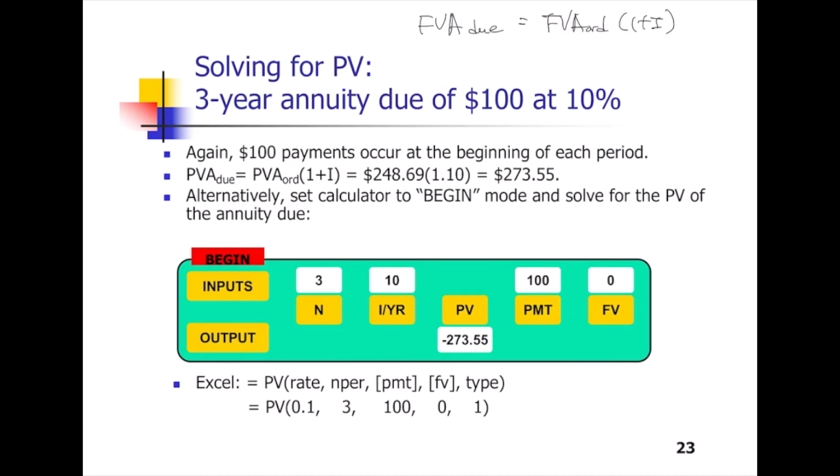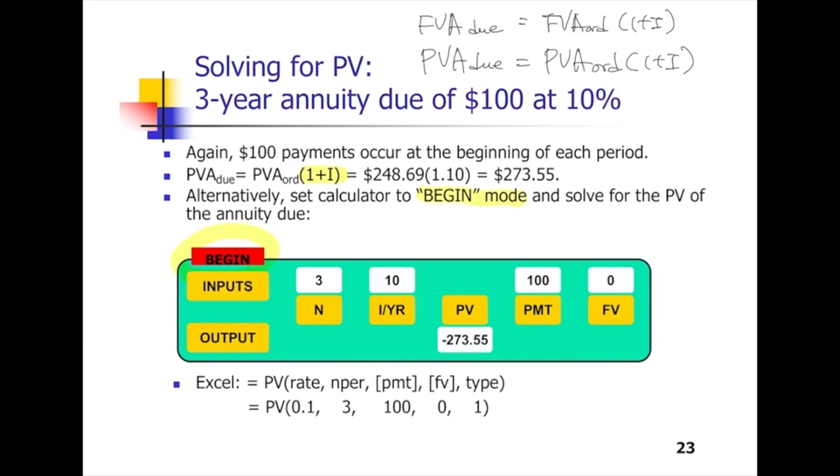In this case, present value of annuity due can be calculated by present value of ordinary annuity multiplied by 1 plus I. And when you use a financial calculator, you should set the begin mode and solve for the present value of annuity due.